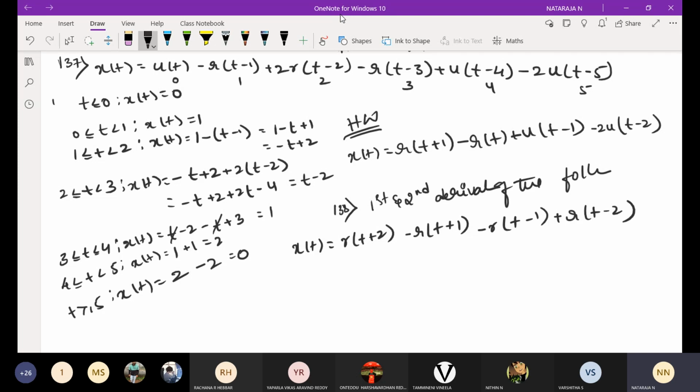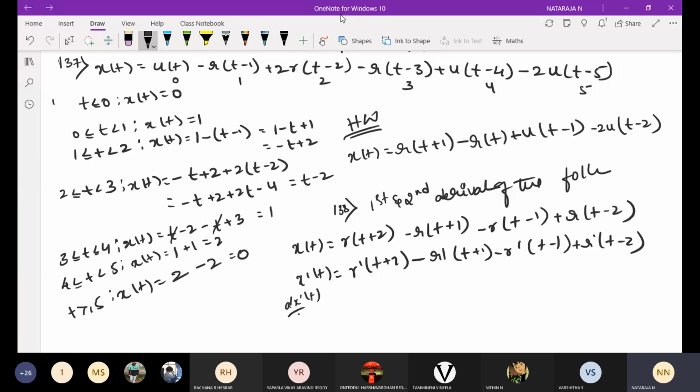If I am going to differentiate, first take x dash of t, taking the same signal: r dash of t plus 2 minus r dash of t plus 1 minus r dash of t minus 1 plus r dash of t minus 2. Now differentiate dx dash of t by dt.